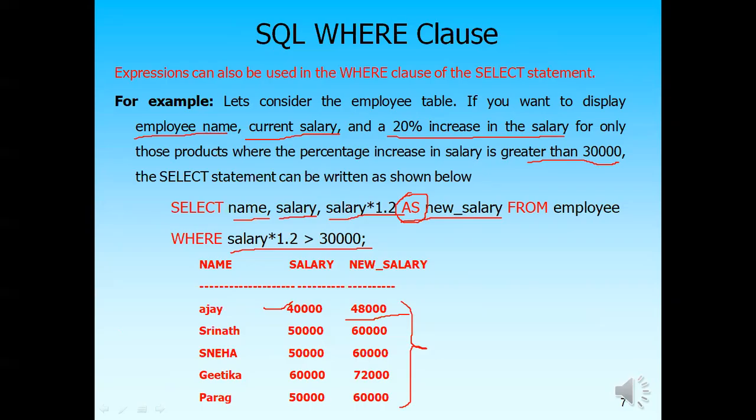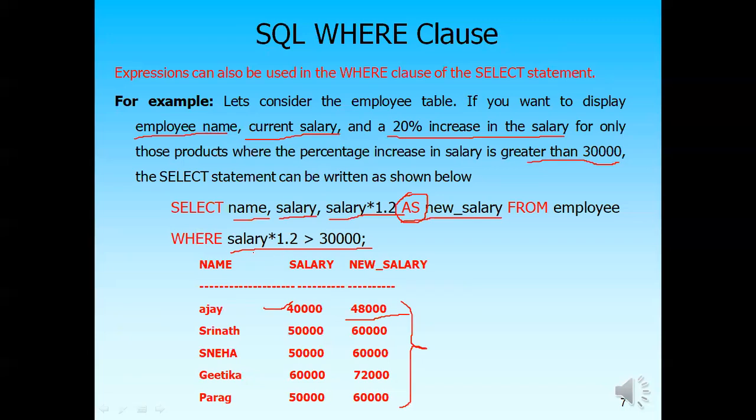Select name, salary, salary * 1.2 as new salary from employee where salary * 1.2 is greater than 30,000, right? So here you display the employee details whose salary after increase is greater than 30,000, whose 20% increased salary is greater than 30,000. I hope you are clear with this formula.